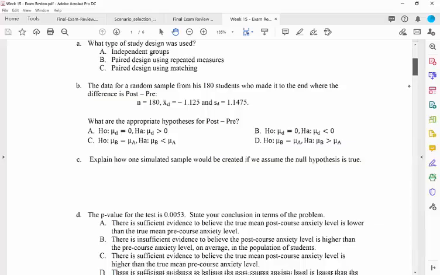Ah. All right. So let's see if I can find an example really quick here. So this is posted on the Google Drive.